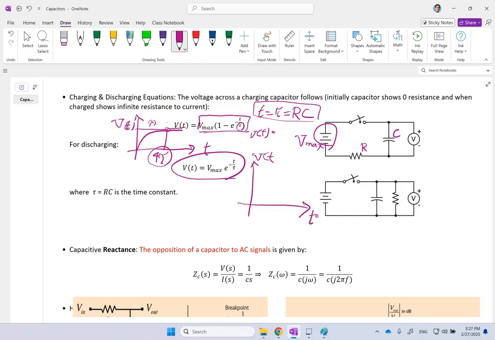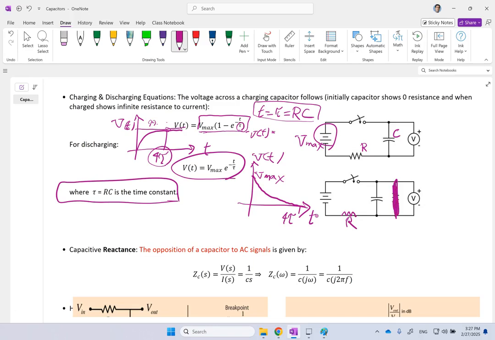So it's Vmax times e to the negative t over tau. It starts at Vmax and goes to 0, and again at about 4 time constants, it is almost at 0. Okay, and you can easily derive these equations for charging and discharging. And I guess in this case, this R should come here, not there, because that changes the circuit.